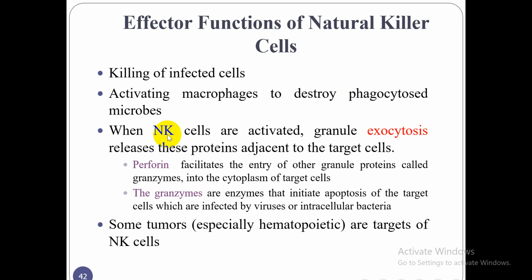When NK cells become activated, they release the content of the granules on the surface of the target cells. These target cells could be injured cells or could be virally infected cells, and this release is provided by exocytosis of the granules, and these granules contain perforin and some granzymes.